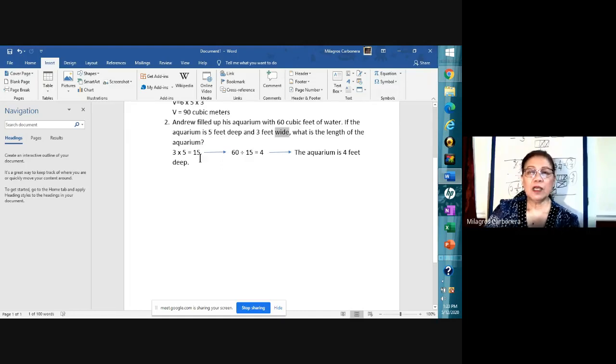And then you are going to divide the given volume, which is 60, by the product of the given dimensions, which is 15. So 60 divided by 15 is 4. Therefore, the aquarium is 4 feet long.